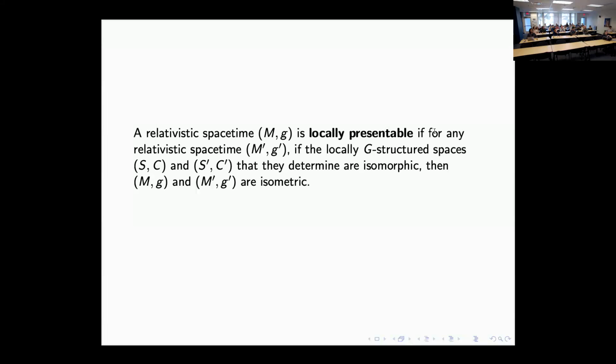So from the locally G-structured space that our spacetime determines, I can recover, up to isometry, the spacetime that I began with, because any other spacetime that determines the same locally G-structured space is isometric to the one I started with. Another way to put this is, for locally presentable spacetimes, if one knows the locally G-structured space, then one knows MG. You know the locally G-structured space that our spacetime determines, you know the spacetime up to isometry.